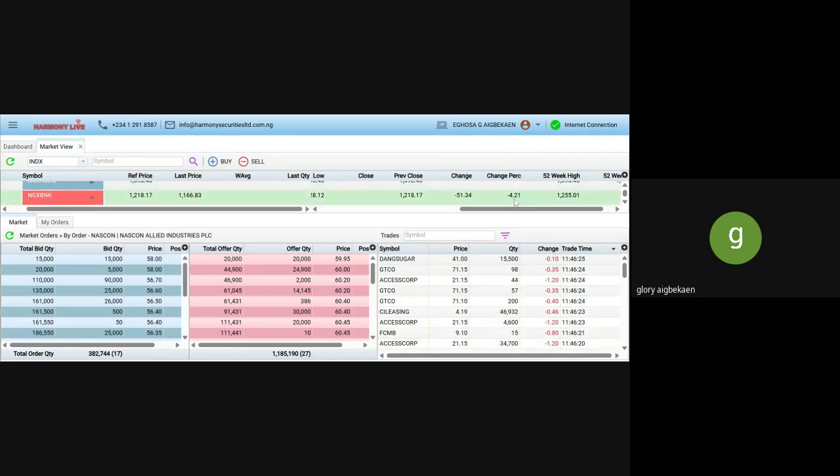See, the banking index pulled back by over 4.21%. So what is happening in the banks? Is there a negative report in the banks that is engendering this pullback?